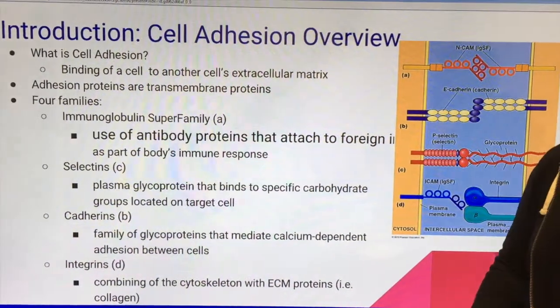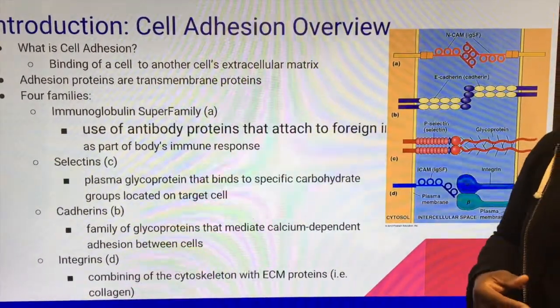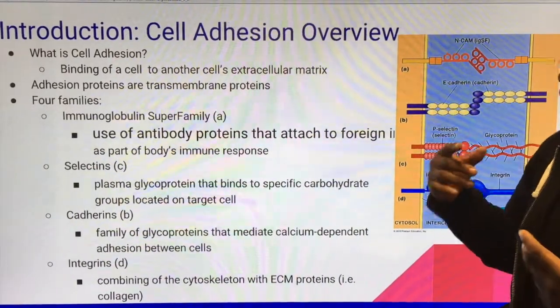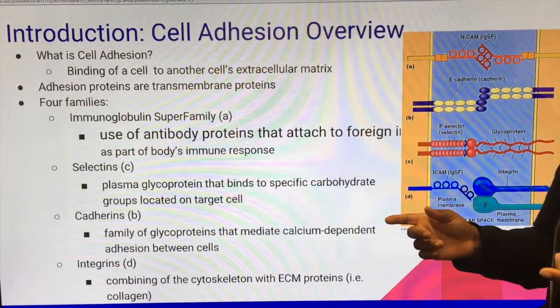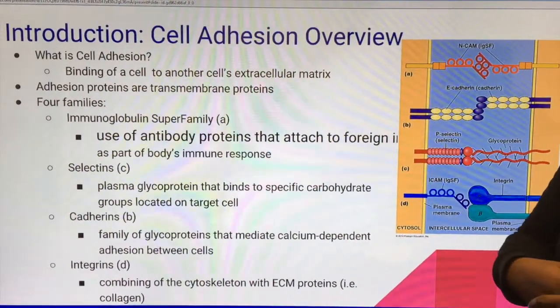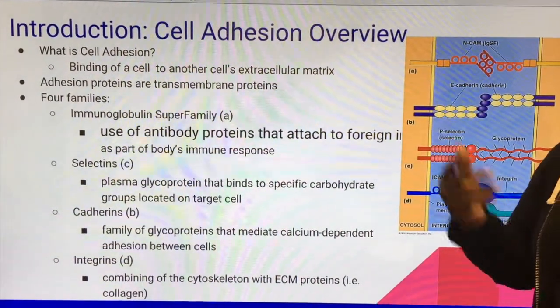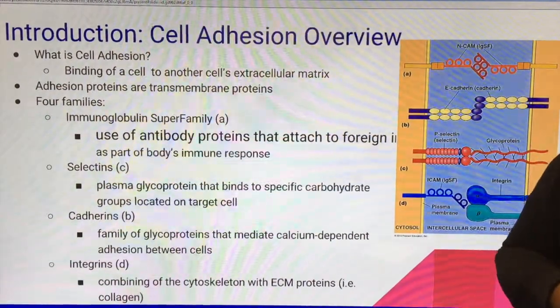Cadherins are also a family of glycoproteins, and they mediate calcium-dependent adhesions between different cells. And integrins bind the cytoskeleton with the ECM proteins. An example of that is probably collagen.